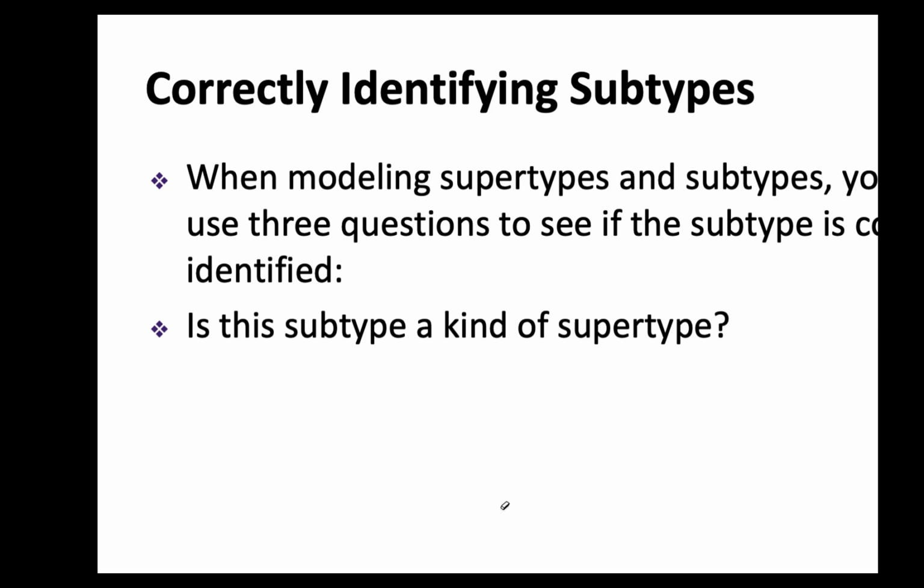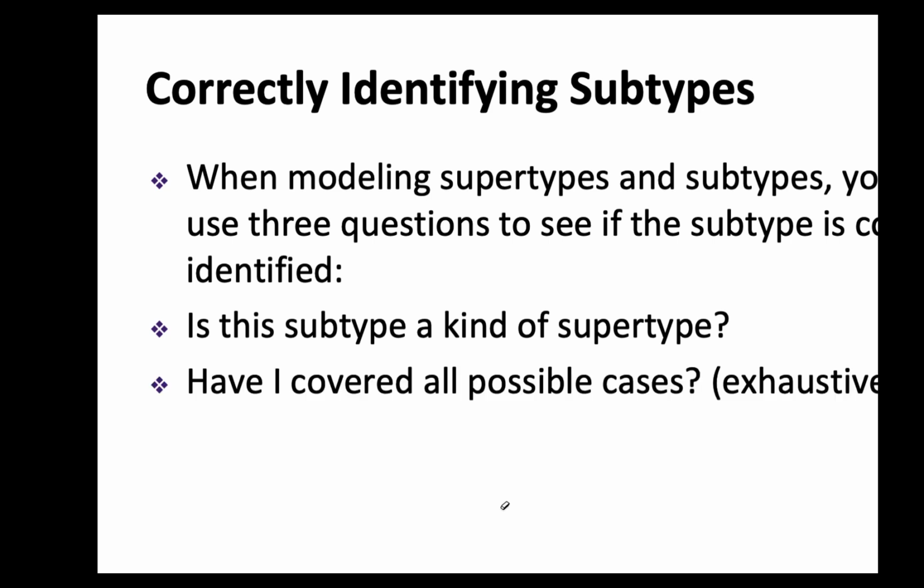So you have to ask whether this subtype is a kind of the supertype. Second, exhaustiveness: have I covered all possible cases? If I am making a supertype, would there be any case that couldn't be part of any subtype? Then you have to add an other subtype.